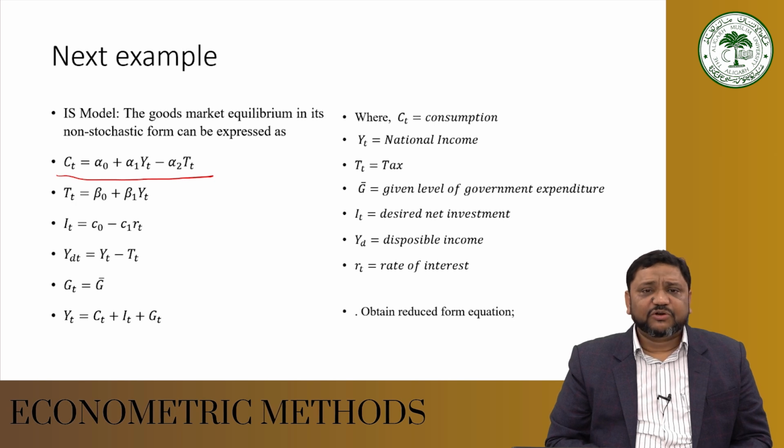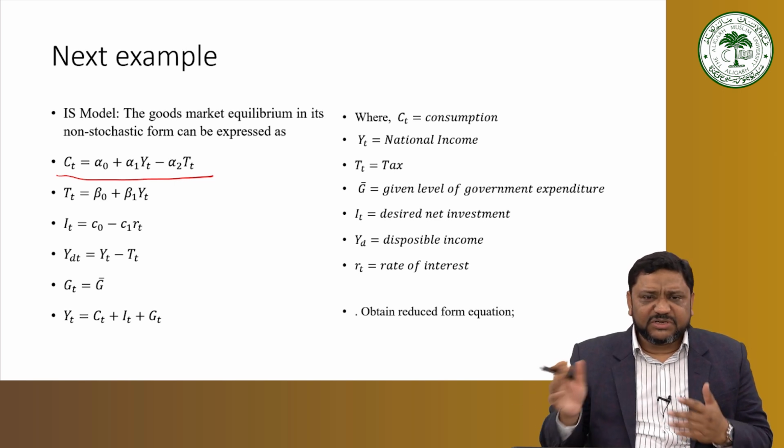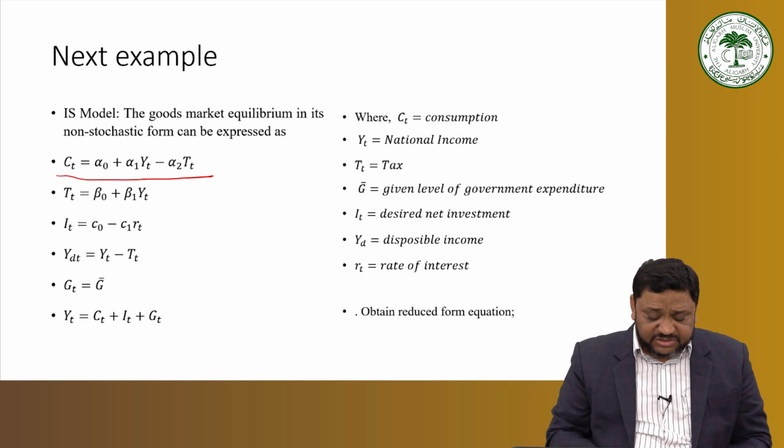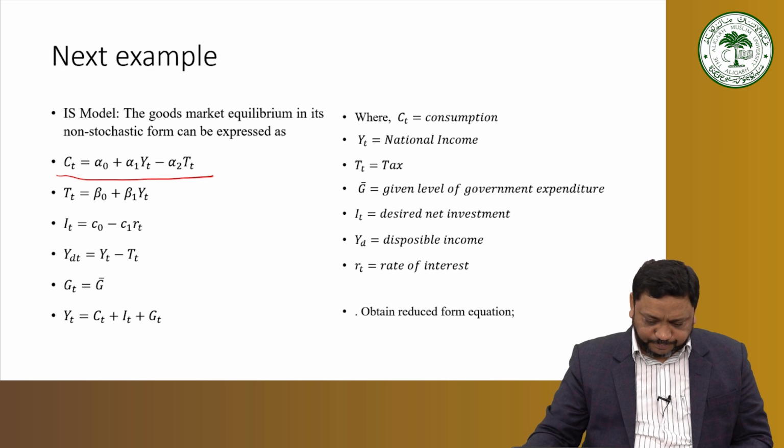Then It is equal to C naught minus C1 Rt, where R is the rate of interest. Disposable income YDt is equal to Yt minus the taxes, and Gt is your government expenditure. There is a bar over it, meaning it is given from outside, we are not determining it inside the model. And then we have our identity equation, Yt is equal to Ct plus It plus Gt.